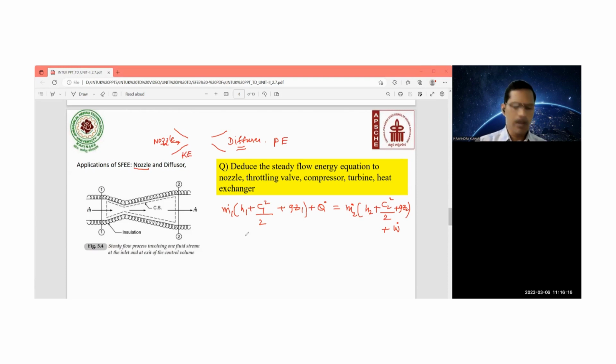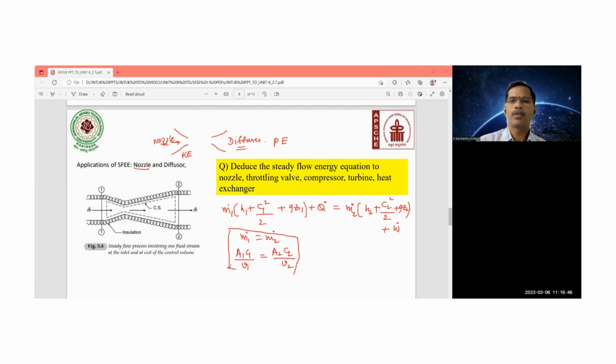When you apply the steady flow energy equation, according to the continuity equation, m1 dot is equal to m2 dot, which is equal to A1 C1 divided by specific volume v1, equal to A2 C2 divided by specific volume v2.